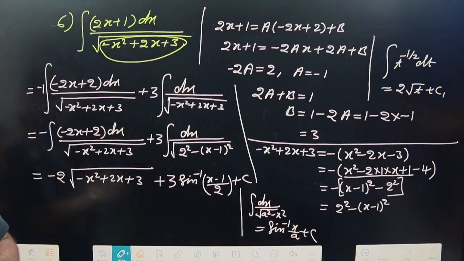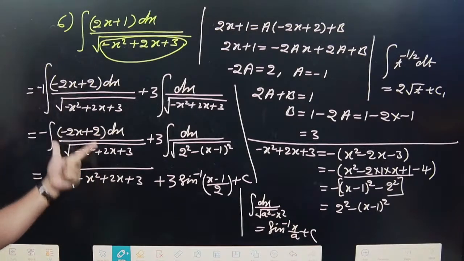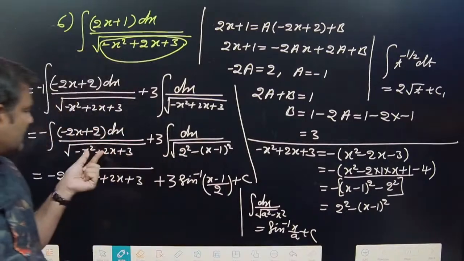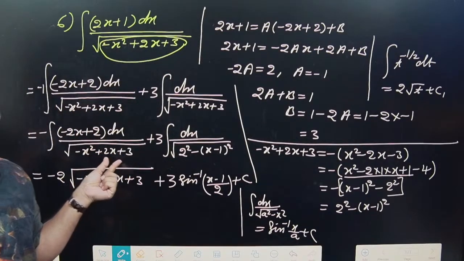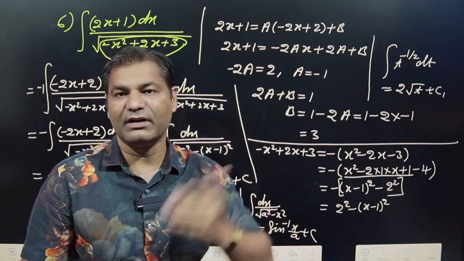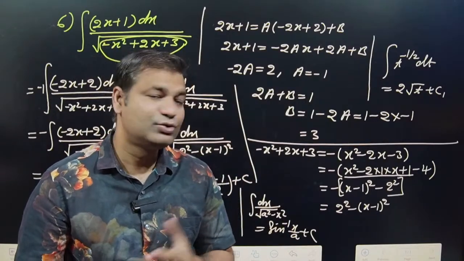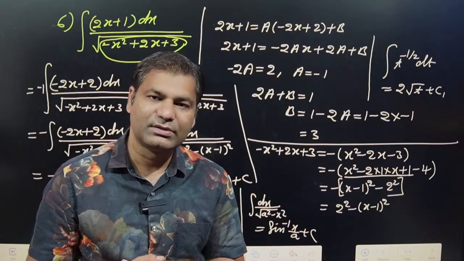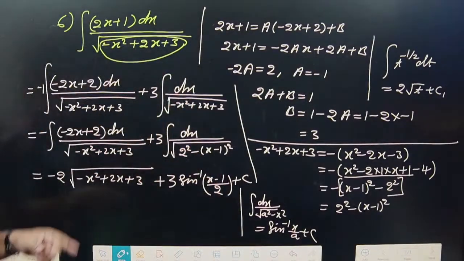Okay, and this one written, and integration of this one, if this one is 1 upon under root t dt, so integration of t to power minus half dt, that is how much? 2 into root t. Okay, so t basically how much?